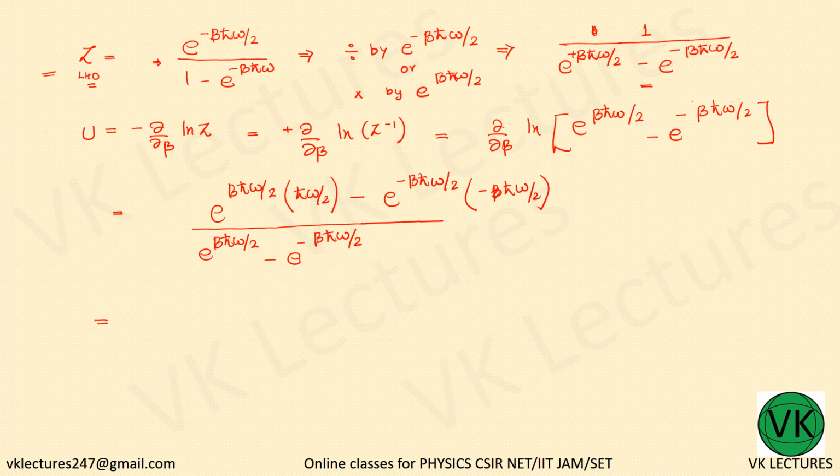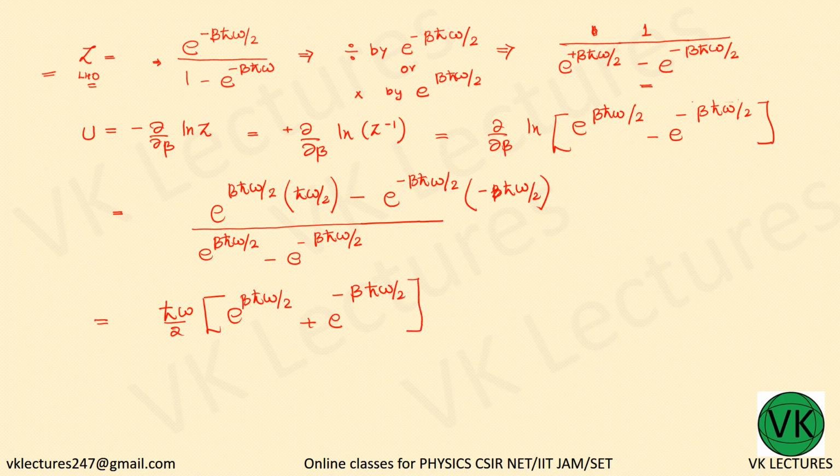Here h cross omega by 2 can be taken out. So h cross omega by 2 in the numerator being taken out. This becomes e to the power beta h cross omega by 2. Minus of minus, it becomes plus. So plus e to the power minus beta h cross omega by 2.